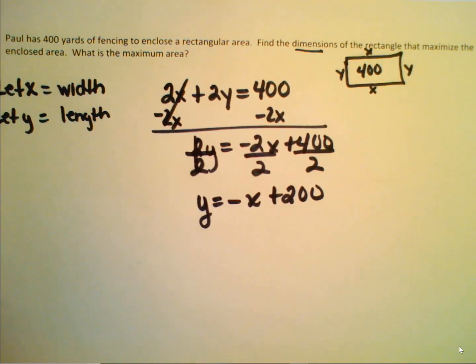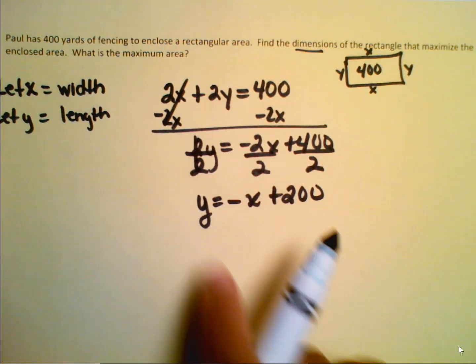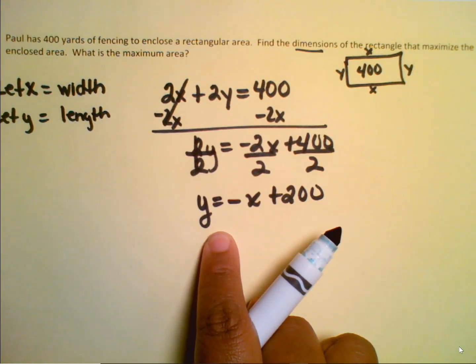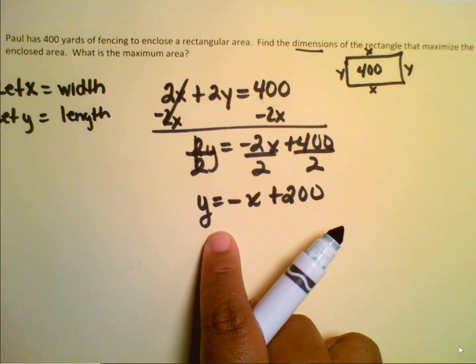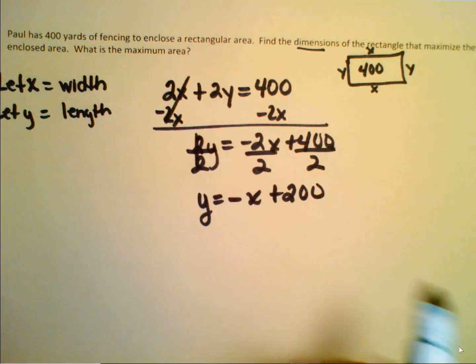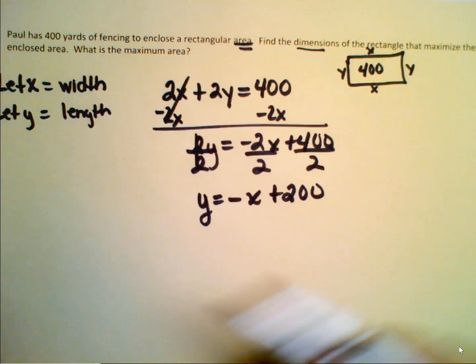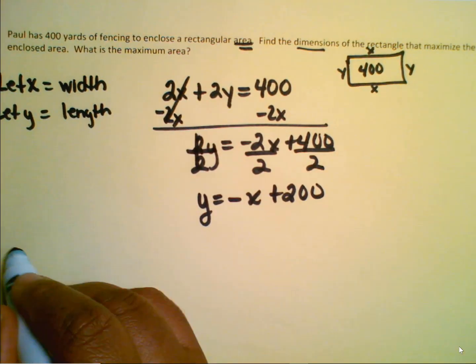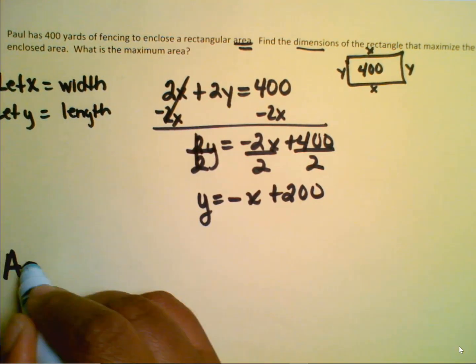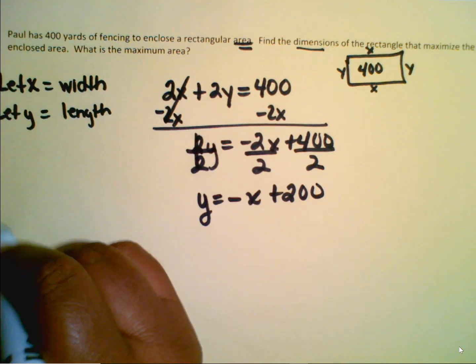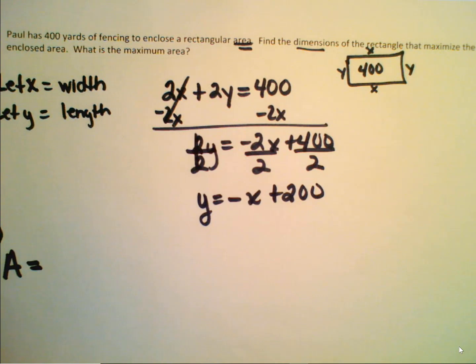Okay? We're solving for y because we want to be able to use the area formula. So next, I'm going to call this part A, this part B. We're going to multiply the length and the width.